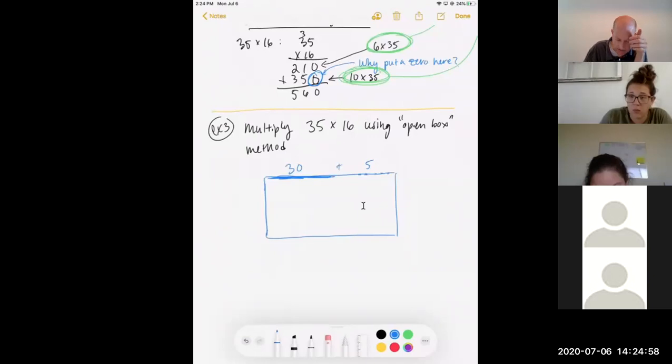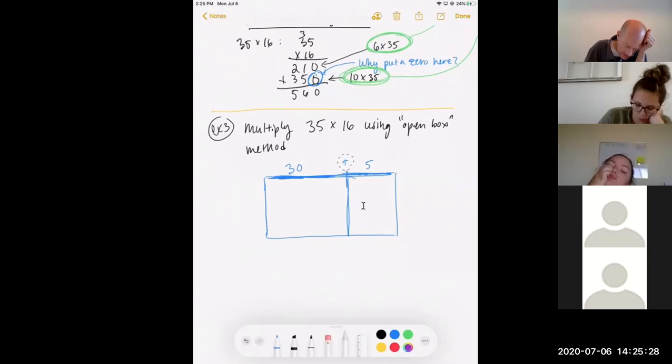But I'm going to combine them together to just make a line. This whole line here represents 35. So I'm going to divide it off where my addition sign is, so I can have 30 here on one length and 5 on the other.